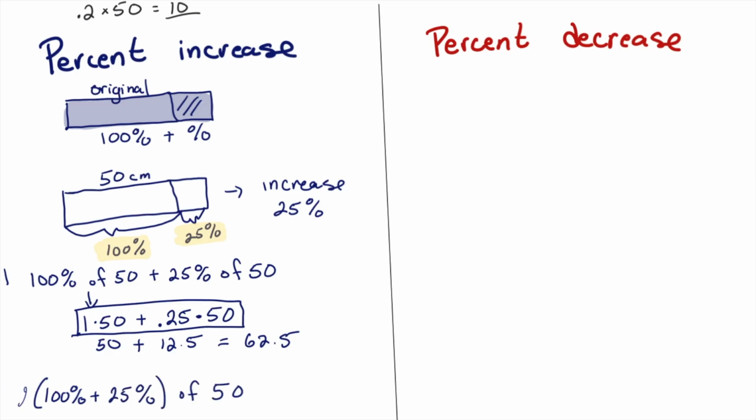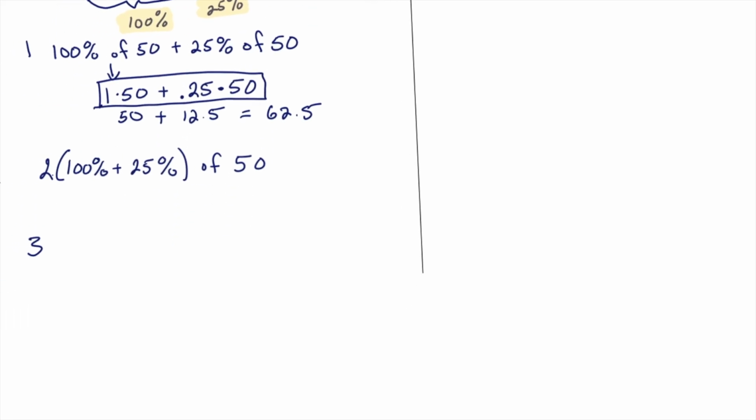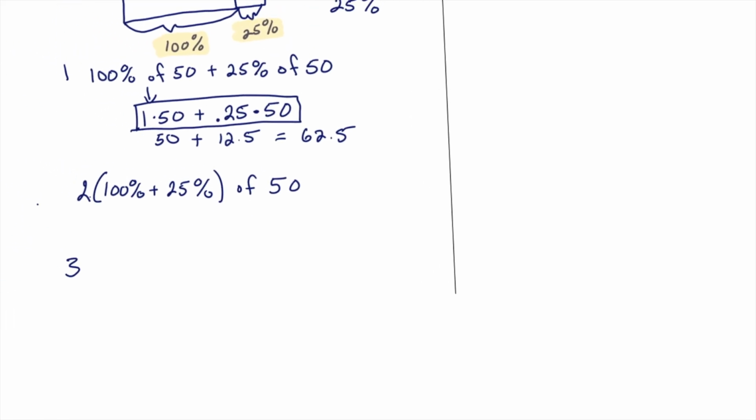So if I translate that into math, then I know that 100% is just 1, plus the 25% is 0.25 of 50 tells me I need to multiply times 50. And I'm just going to stop right there because this in itself is an equation that says I want the 100% plus the 25% of 50.